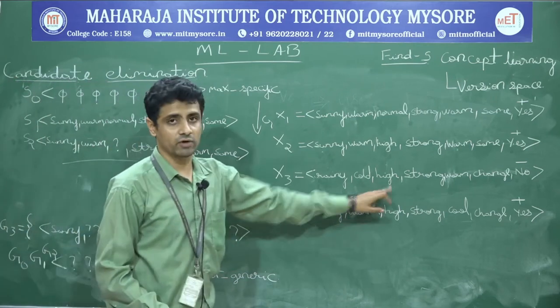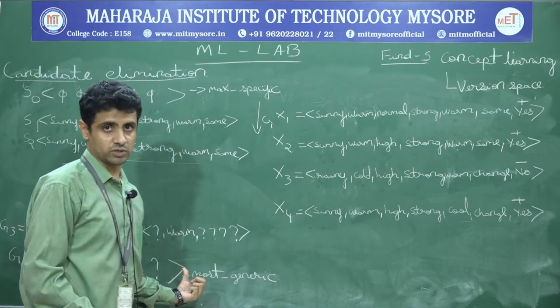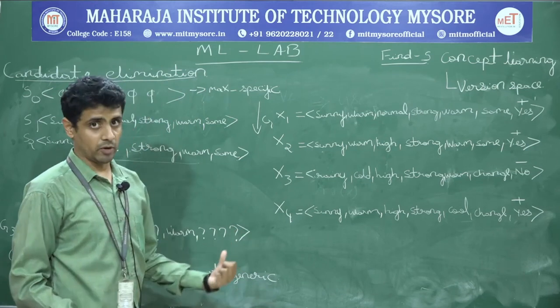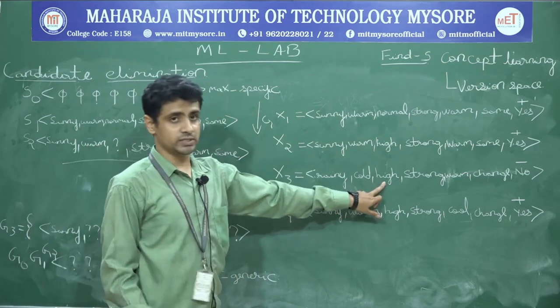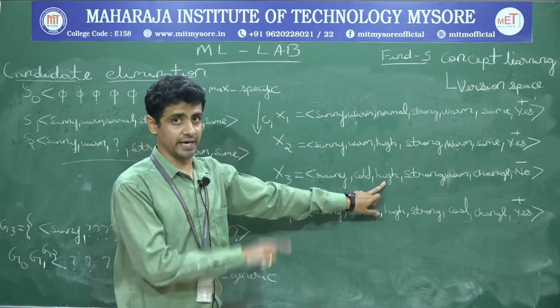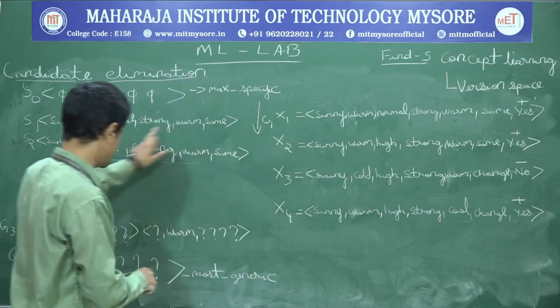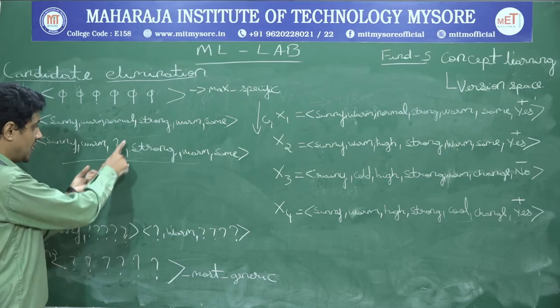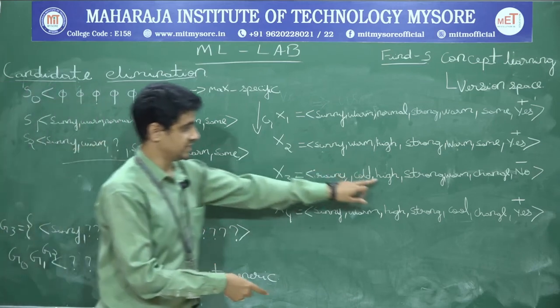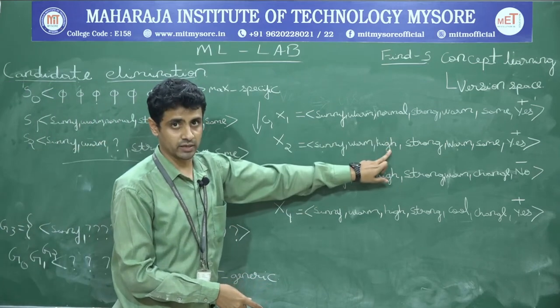So there is no need to write a hypothesis for this. Let me repeat why I am not writing: the third attribute says high for a negative classification. Coming to the specific hypothesis we have right now, it already has a question mark, or else you can check the other attributes in the instances.